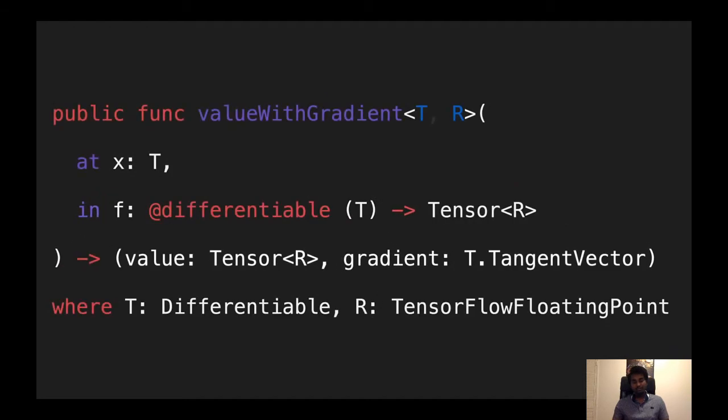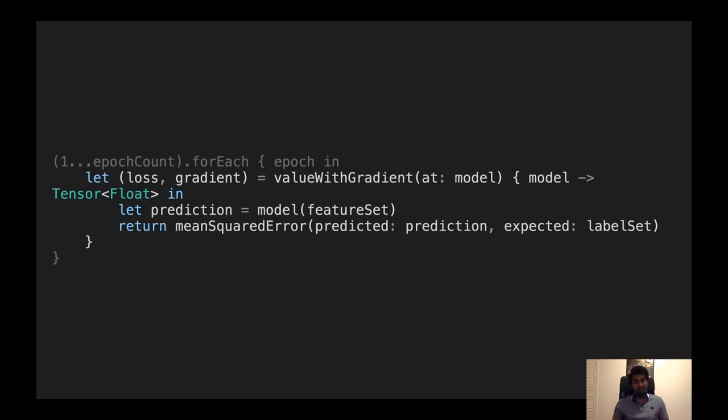Now, value with gradient returns a tuple. A tuple is essentially, it could be 2 values, it could be 3 values. So the 2 values over here, it returns a tensor of R and it returns a gradient. The value is the loss. So you're just going to store them in loss and gradient.